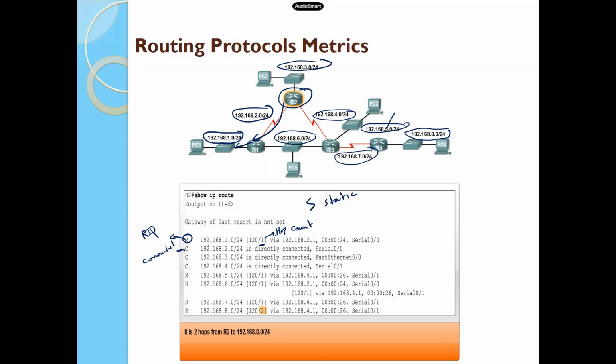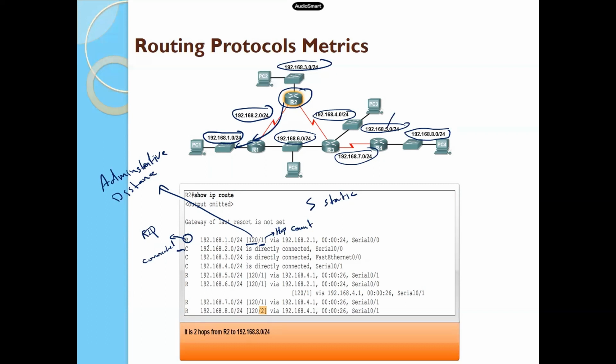Then the value of the hop count will be the second value between the square brackets. The first value, we're going to talk about later, is the administrative distance. So this is an RIP route: there is the administrative distance, and there is the hop count.